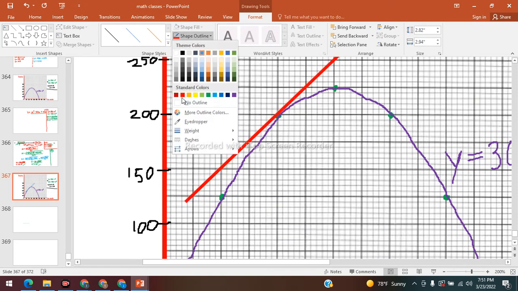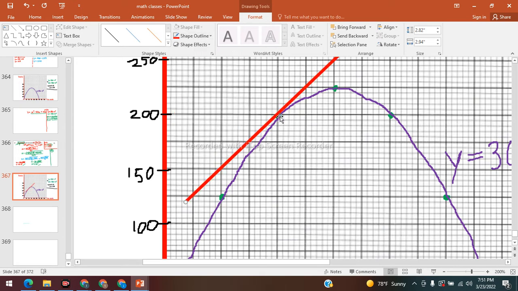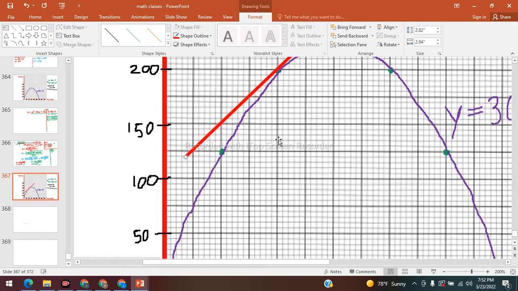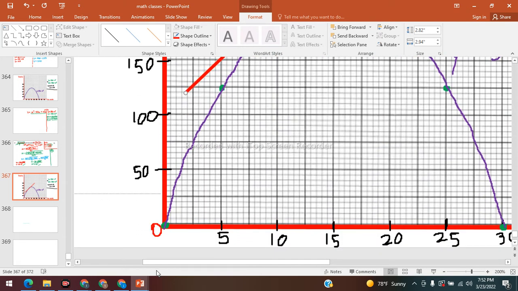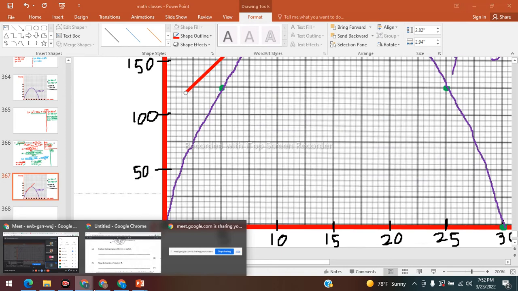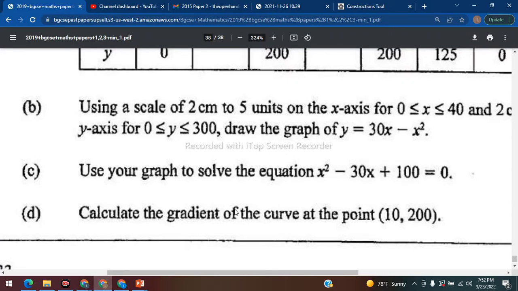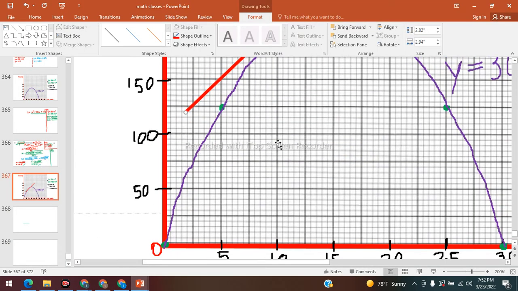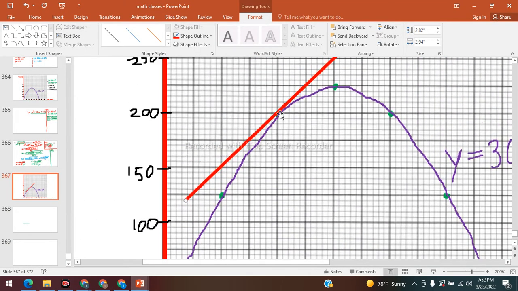Where do you want me to put it? Remember, they told us to put it at the point 10, 100. They said calculate the gradient between 10 and 200. No, they say at the point 10, 100. So our tangent line must touch the graph at that point.